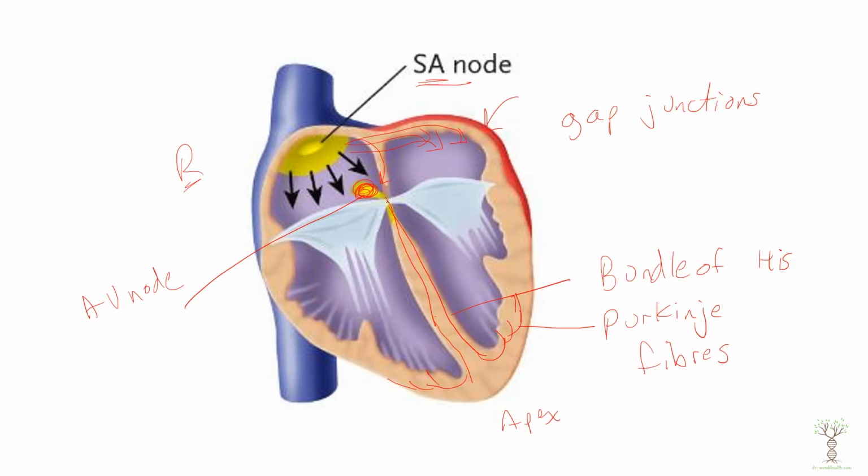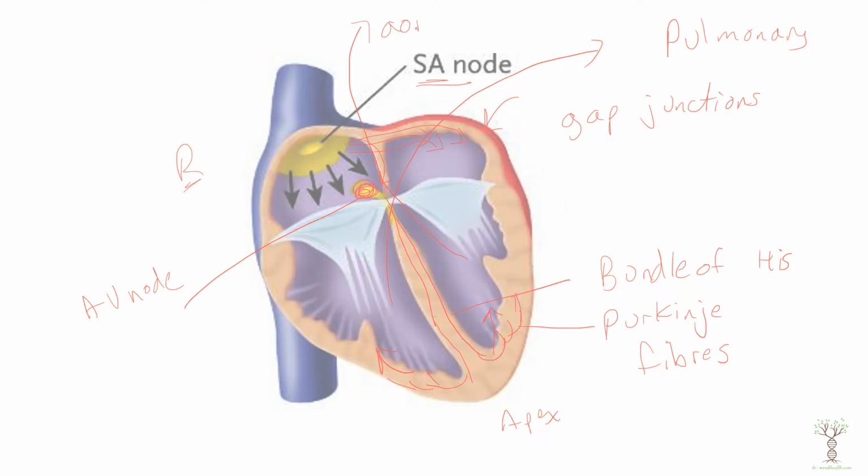This way, the action potential moves down to the apex and then causes contraction of the ventricles in an upward motion that allows the blood to be pumped up out of the right ventricle to the lungs, or the pulmonary circulation, and up out of the left ventricle into the aorta.